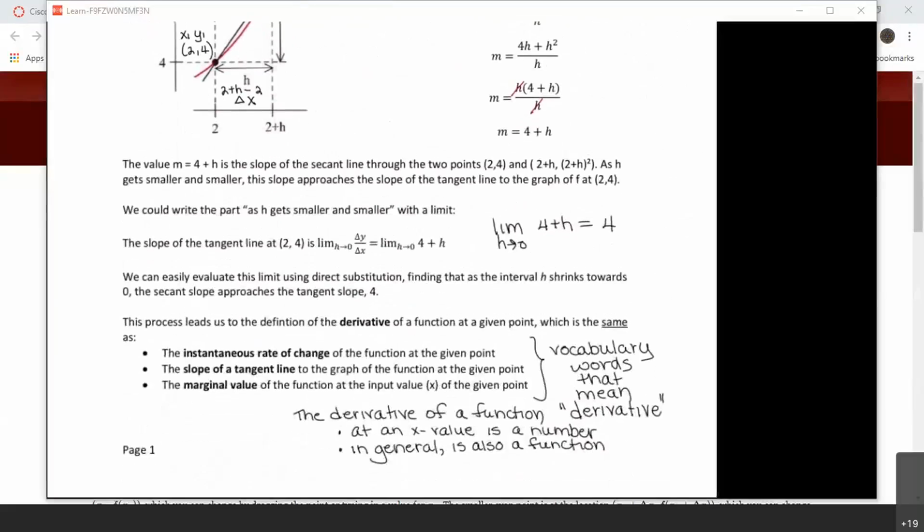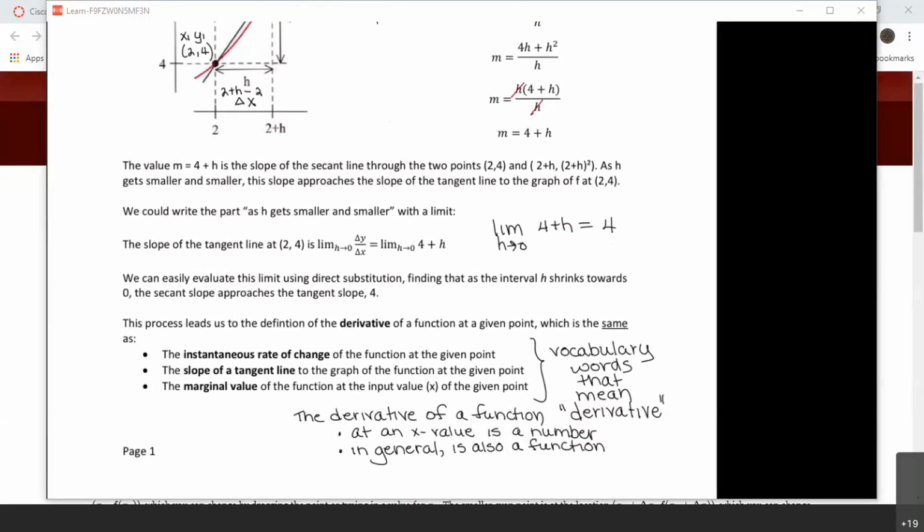So again, this is another thing students kind of get confused about. They say, well, sometimes the derivative is a number and sometimes it's a function, and I'm not sure which, okay? If you're evaluating it at a particular x, you're going to get a number. If you evaluate the derivative in general, it's a function that turns out those numbers for given x values.